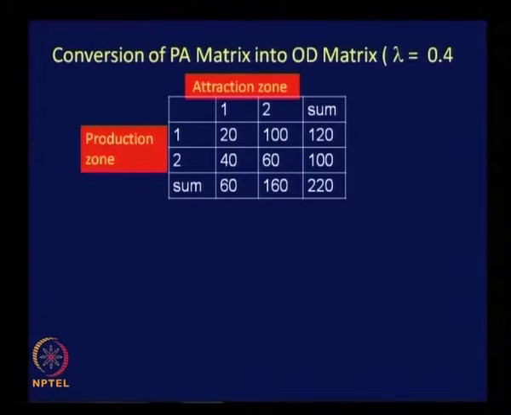In that case what will be the cell value for this particular cell in OD matrix? Same, there will not be any change at all, whereas there will be a difference in respect of the other cell value 1 2, lambda is 0.4.